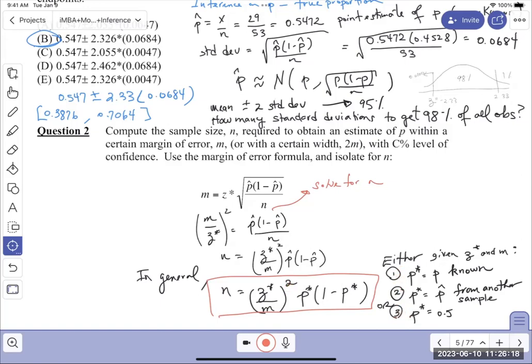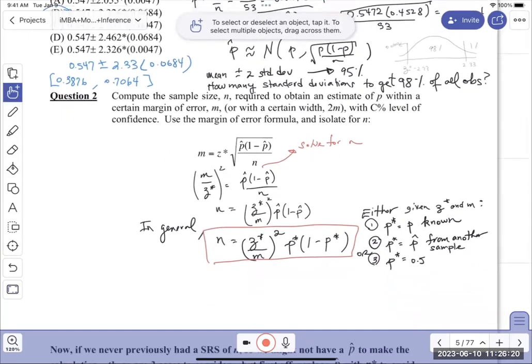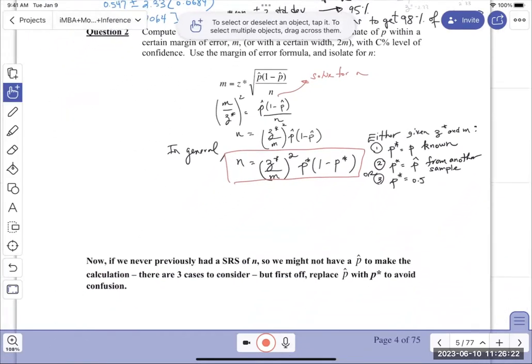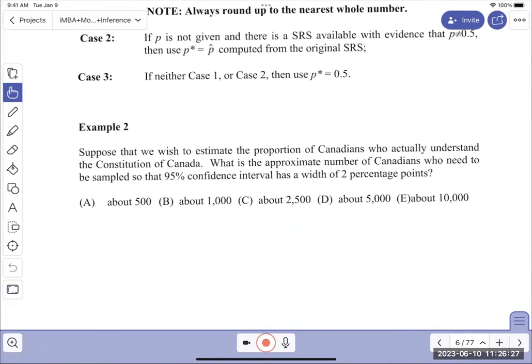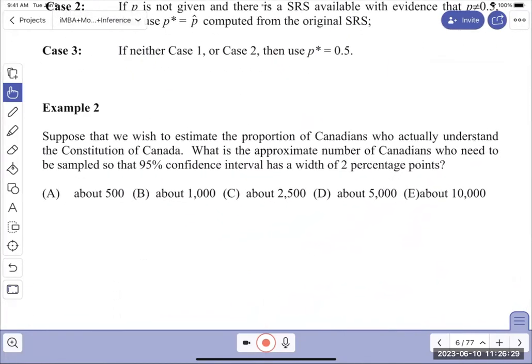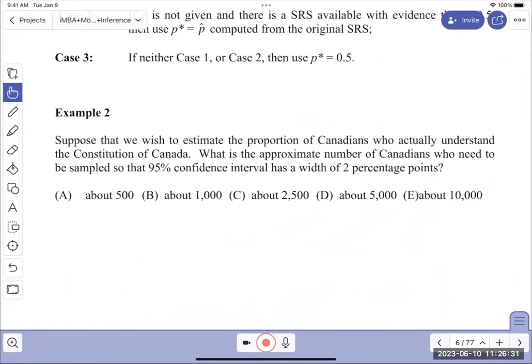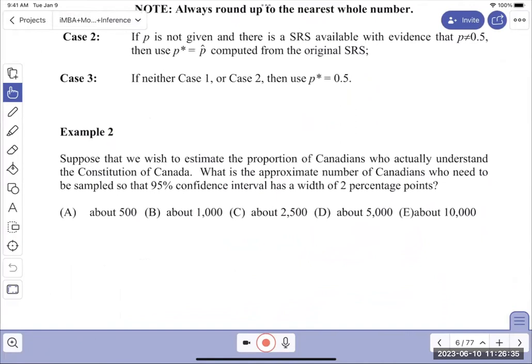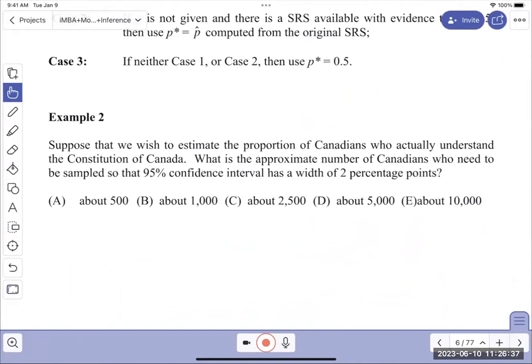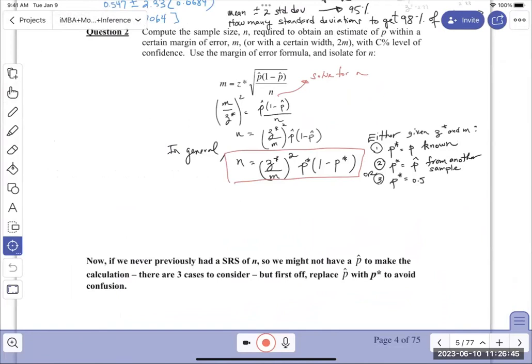So let's do a problem now. There's a problem over here. Oh, and I have a note that you always round to the nearest whole number, and we'll talk about that. Okay, try this one. Let me get the formula over here.